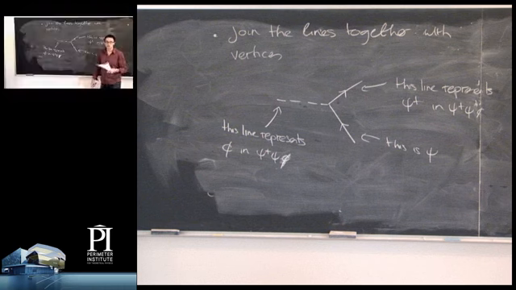If there was, for example, a single real scalar field with a phi to the 4 term, there'd just be those 4 lines. And we'll deal with that maybe in the lecture.